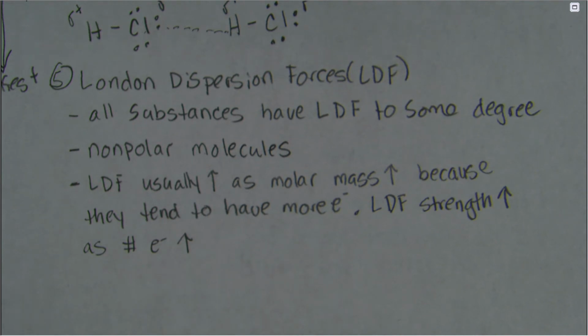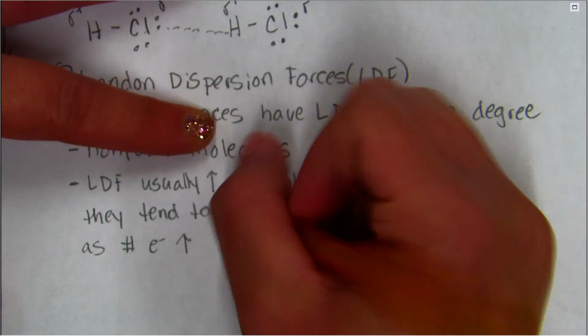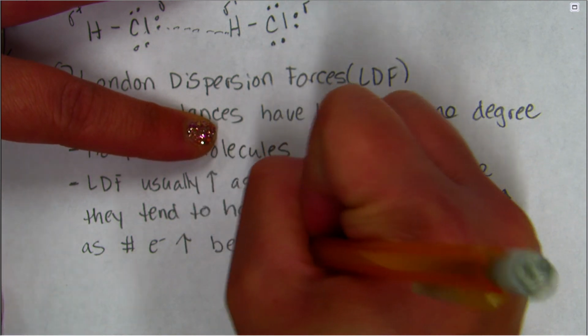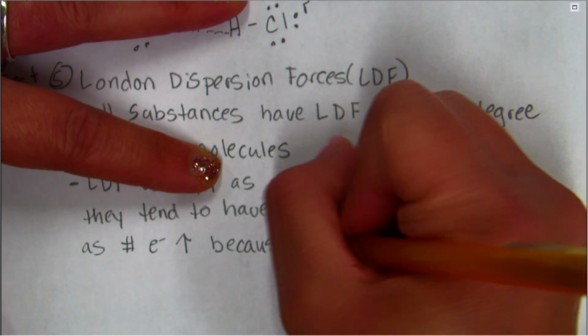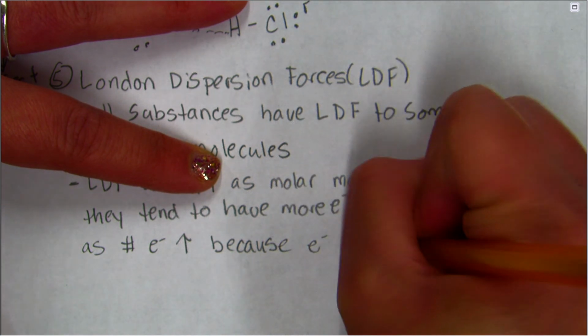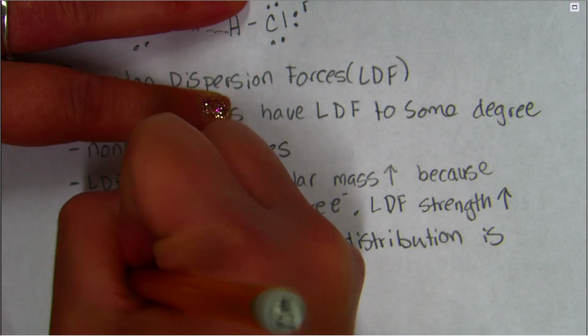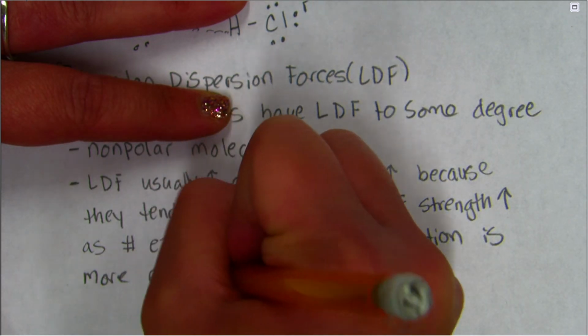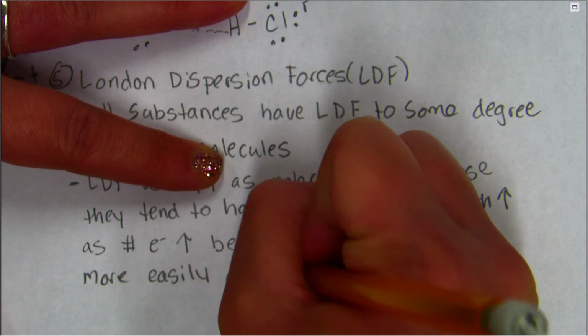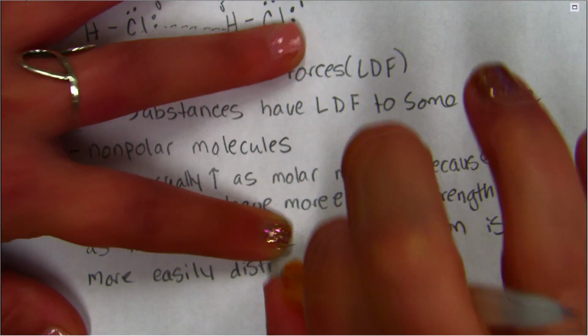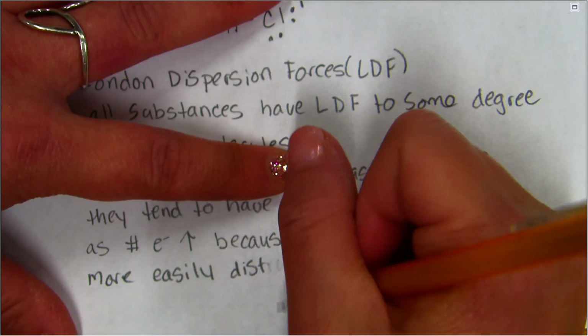There's a higher likelihood that two negative electrons, or even more electrons, will come in contact with each other at any given moment, causing that repulsion. Electron distribution is more easily disturbed.